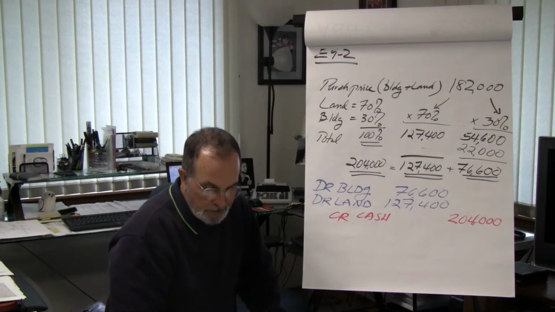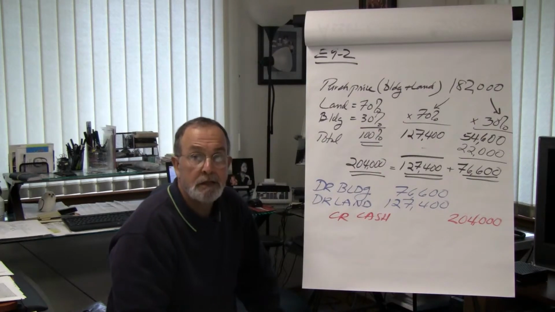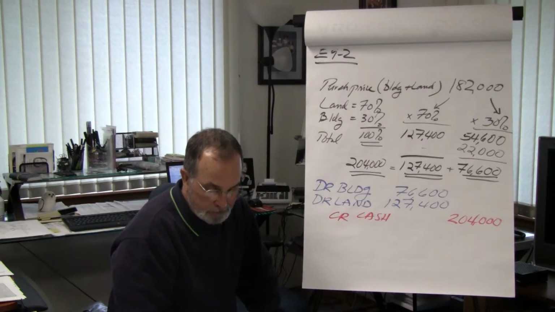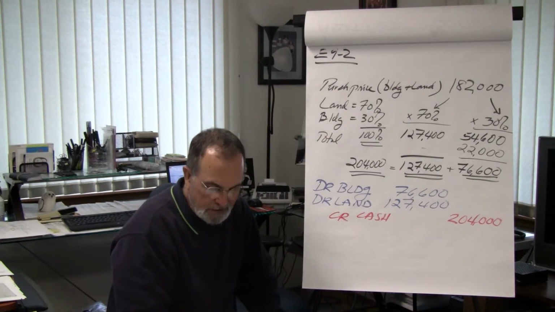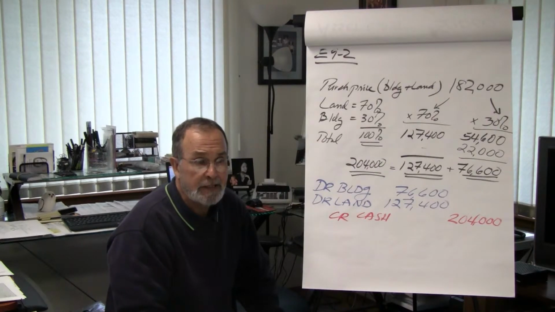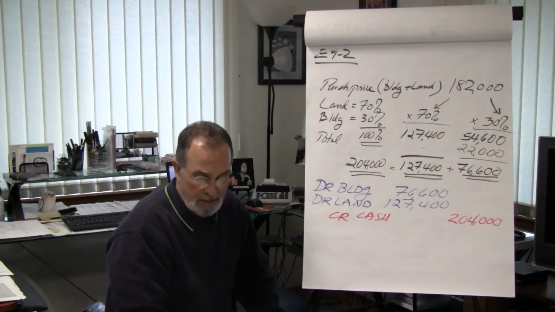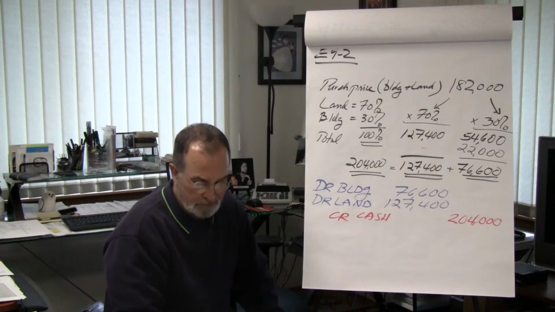And then in number 3, they're asking us to compute straight line depreciation on the building. Remember, I'm not sure if we mentioned that in the previous lesson. For accounting purposes, land is considered to have an indefinite useful life, and so land is never depreciated in a business situation.